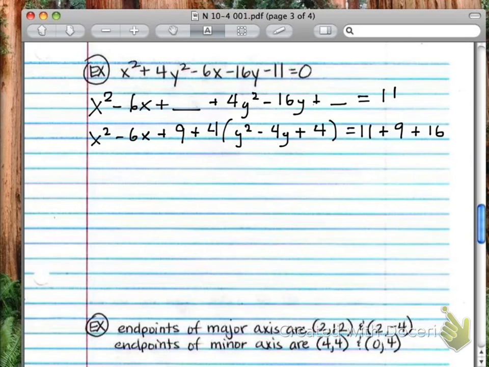Why is it plus 16? Because this is 9, since there's nothing out here, so I just bring the 9 over. What you add to one side, you've got to add to the other. This is 16 because I added not just 4, but 4 times 4. That's why 16 comes over. Okay, so let's continue to simplify.